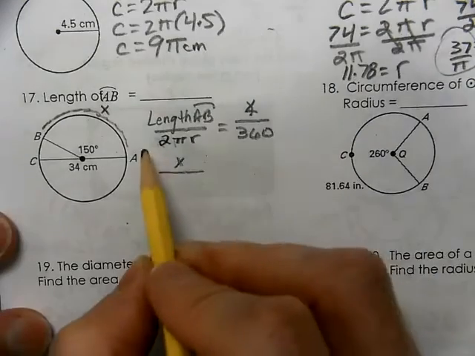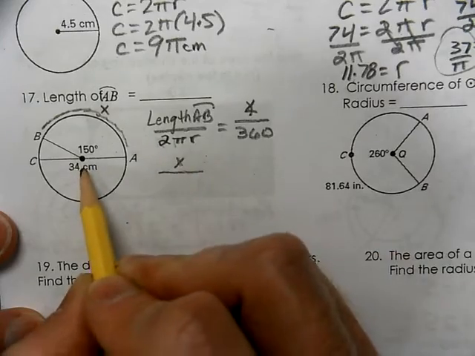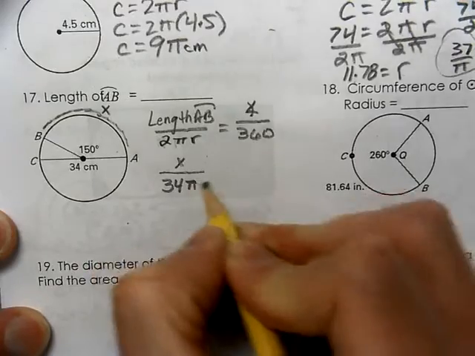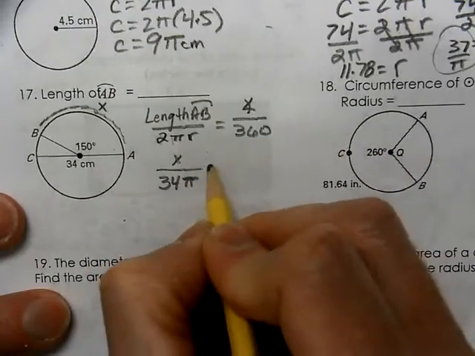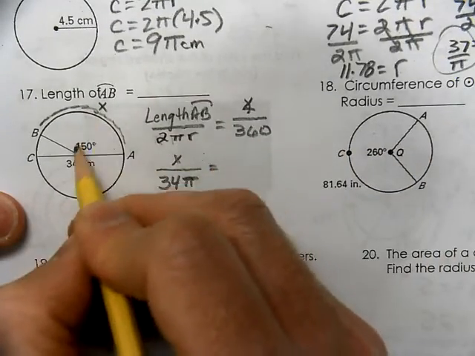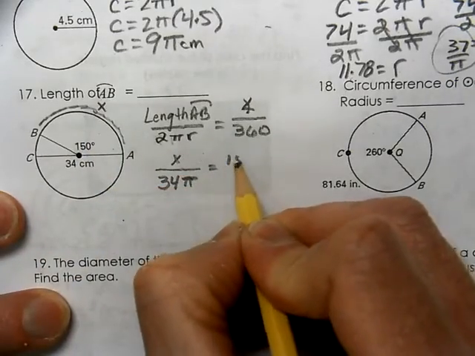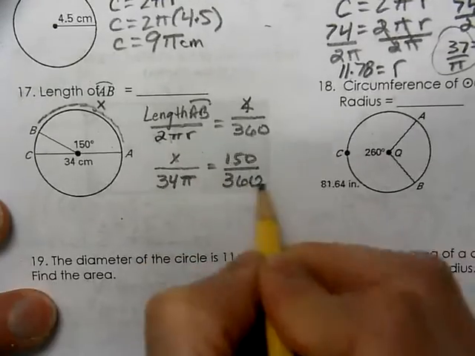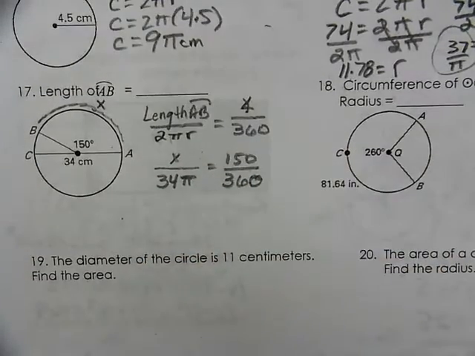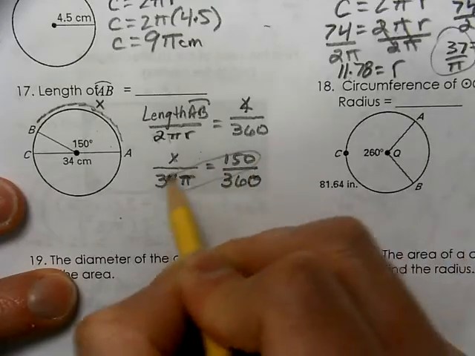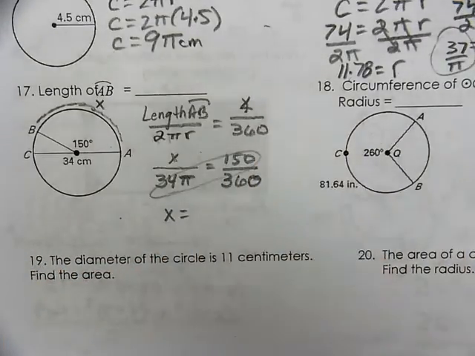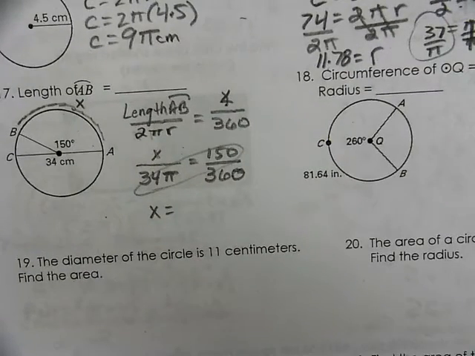I know that 2 times my radius is my diameter, so this is 34 pi, which is diameter times pi. The angle that we're talking about is 150. So we're going to multiply, and x is going to equal 150 times the 34 pi, over 360.